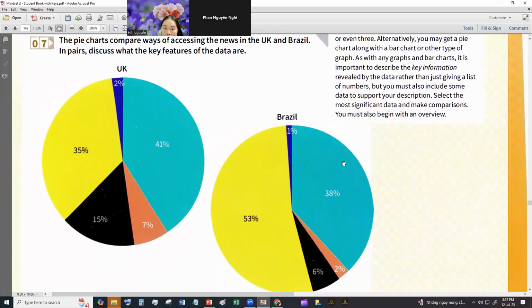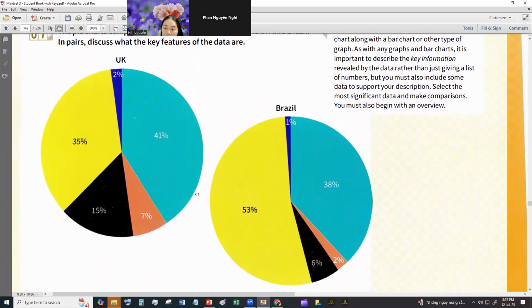So there are more people in the UK who access the news through TV compared with Brazil, at 41% and 38% respectively. Sorry, I just need to sneeze for a little bit.